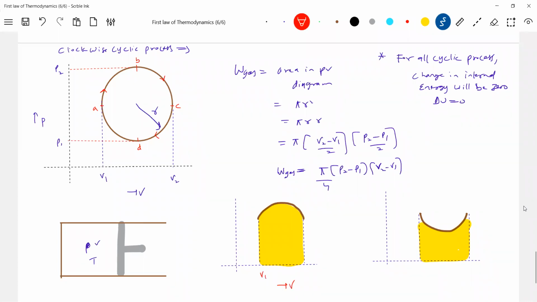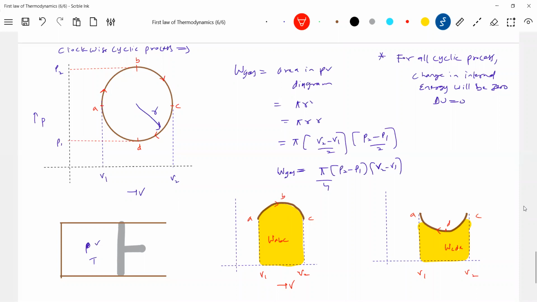There's volume, V1, V2. So this is A, B, C. This is C, D, and A. This is W of ABC, and this is W of CDA.